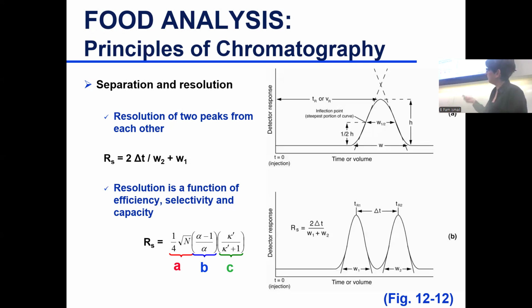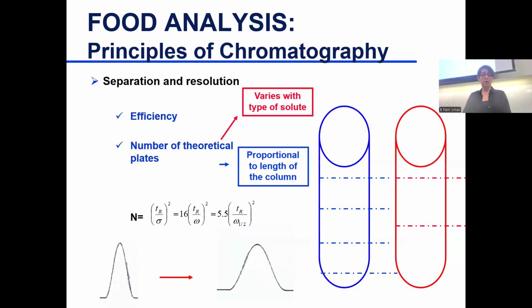And then capacity, how much capacity the column has, how many functional groups the stationary phase has to allow interaction with the solute. Okay, so efficiency, selectivity, capacity, and we're going to talk about each one of those separately. Okay, so number of theoretical plates. Let me redraw this.